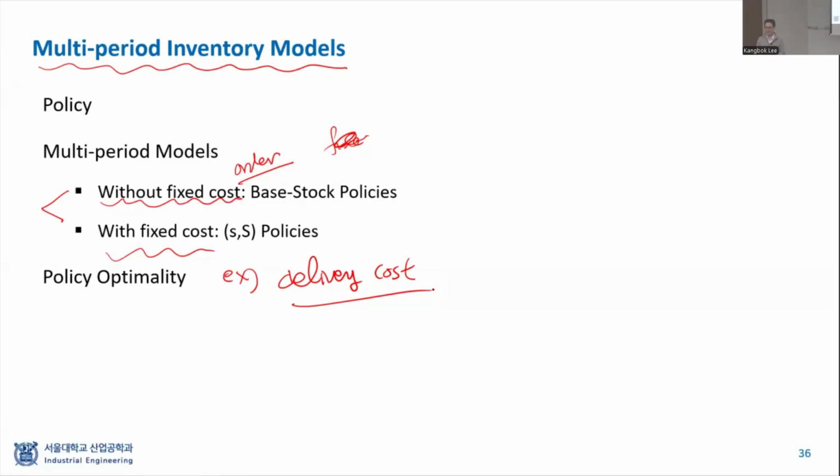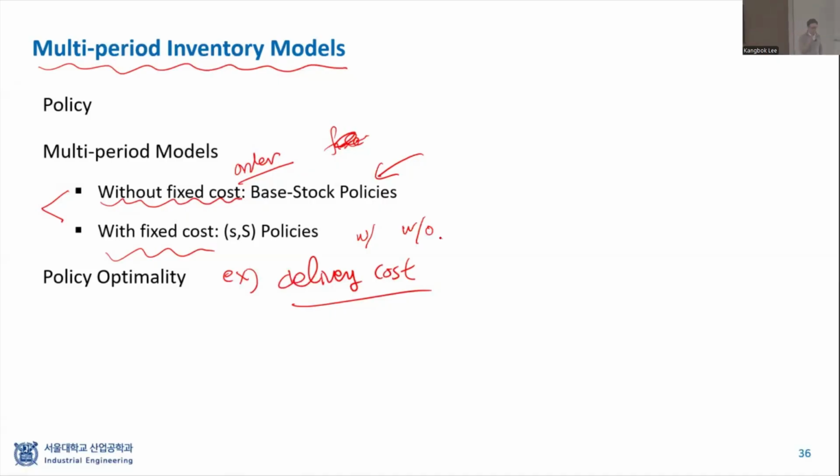And what you love is free delivery, 무배, 무료 배송, right? So you can think of the free delivery case as the first case, and fixed cost. Sometimes they are charging 2,500 won, 3,000 won. So that's the case of the second part. With delivery cost, without delivery cost.